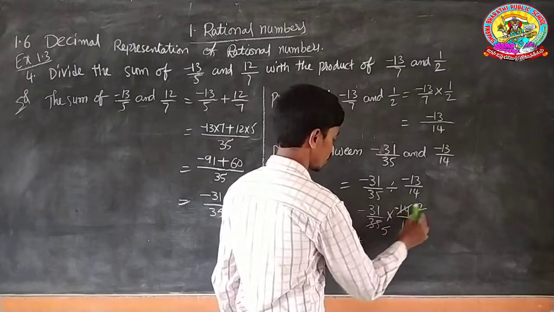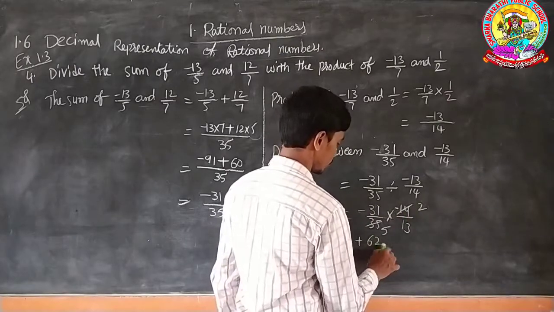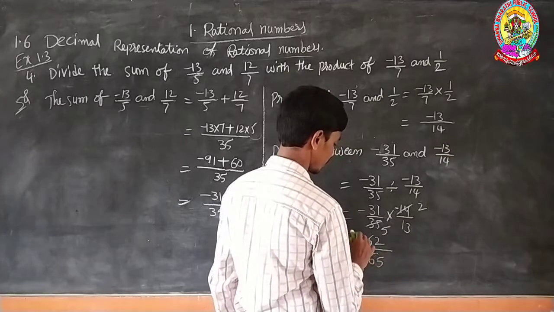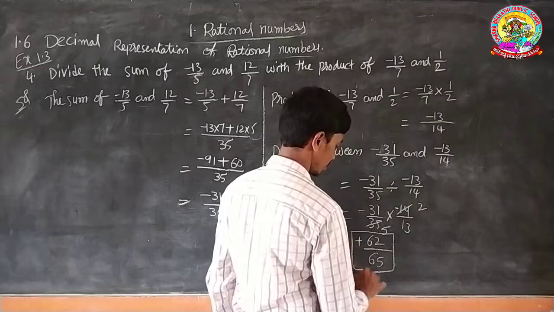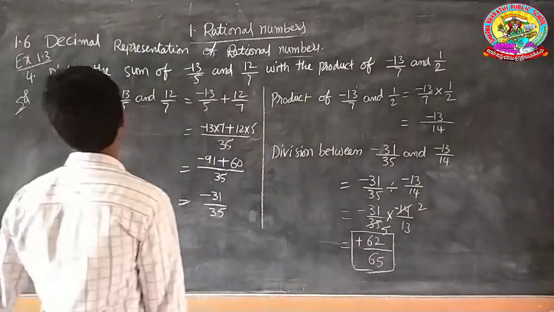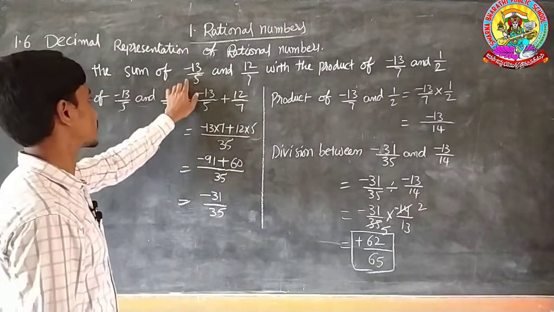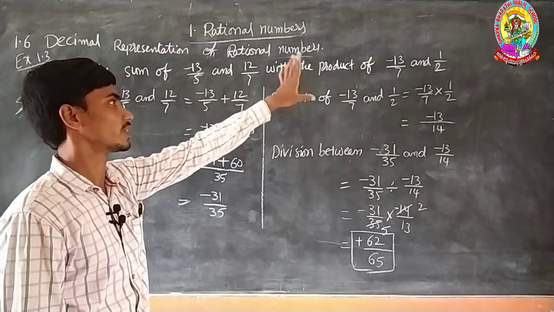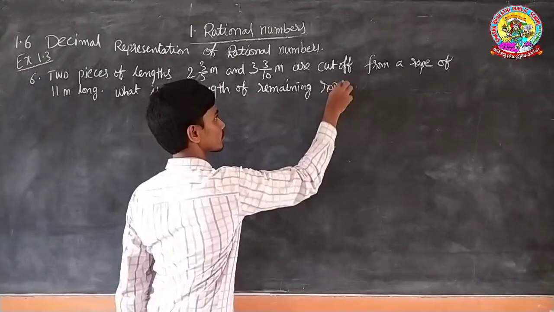So 31 2s are 62 by 5 13s are 65. This is the answer when you divide the sum of minus 13 by 5 and 12 by 7 by the product of minus 13 by 7 and 1 by 2.